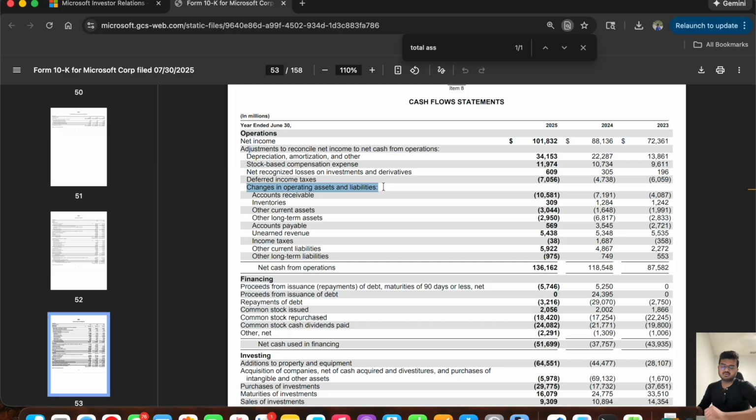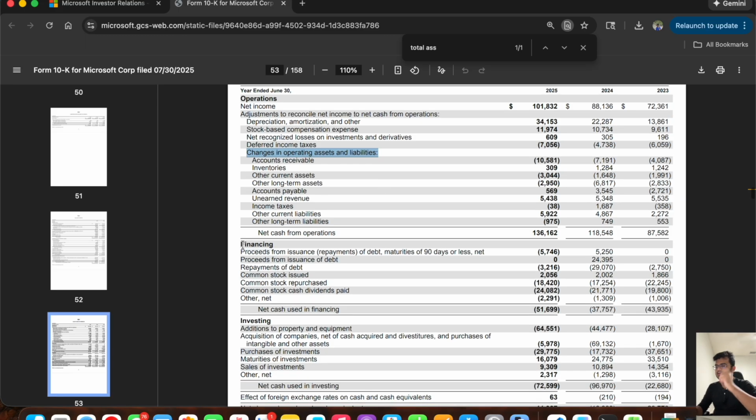So whatever the cash flow from operation is, it will be only 3 steps: net income, adding up the non-cash expenses, and third, the change in the operating asset and liability. Then in financing, we will understand if the company took any new debt or repaid any existing debt.